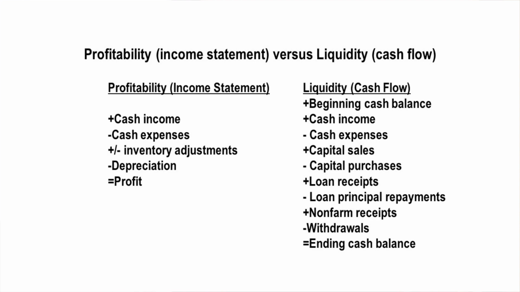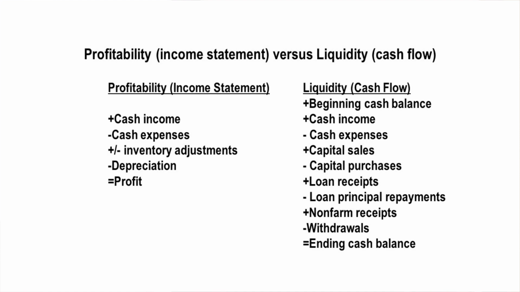You generally have a beginning cash balance, and then you have your cash income, you have your cash expenses, looking at your capital sales. So that would be selling of equipment, selling livestock, anything like that. Say you sold breeding stock, you sold a vehicle, you sold repairs. Maybe you do custom work. That would be a cash income line.